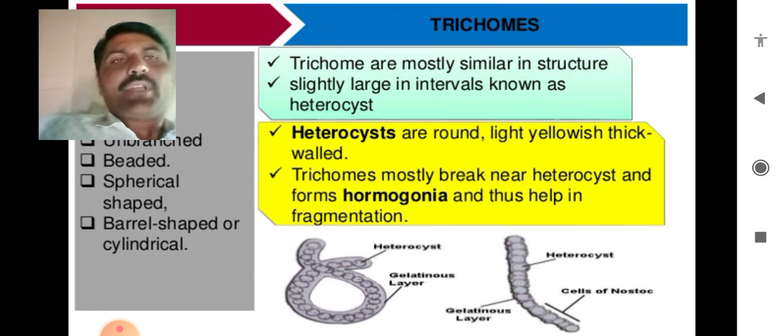When we view the heterocyst, look at the figure shown at the lower side of the slide. The heterocyst appears round in shape, a little bit yellowish, and thick-walled.